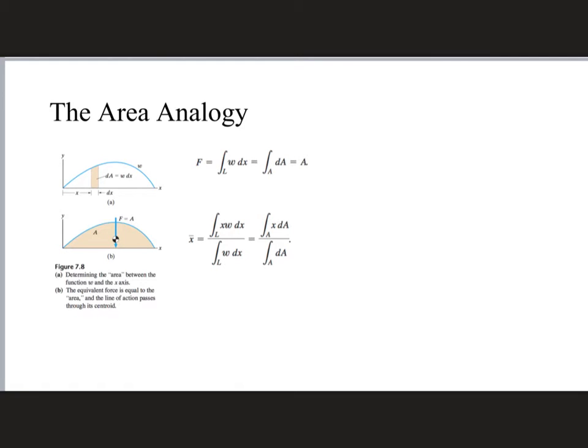And so, if I now calculate the x bar, which we saw in the previous slide is the integral of x times w dx divided by the integral of w dx, well, that's just going to be the integral of x times dA over the integral of dA, and that's the formula for the centroid.